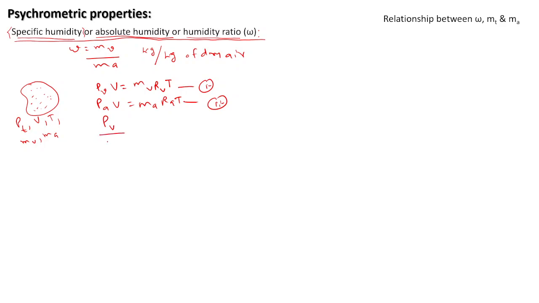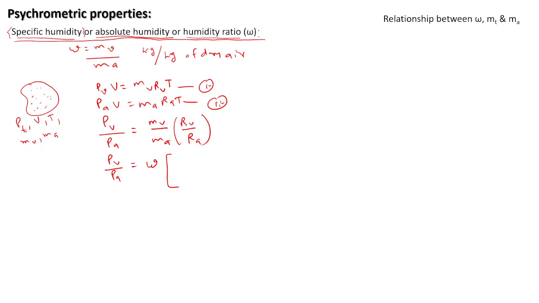PV by PA equals MV by MA, and the T will get cancelled out, and here will come RV by RA. So now MV by MA is what? Specific humidity.